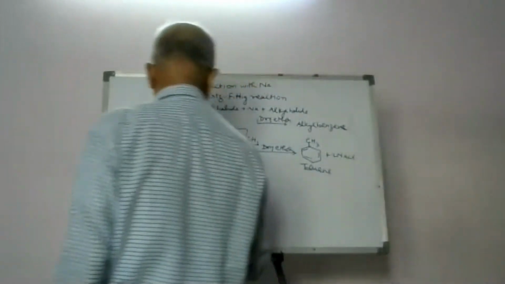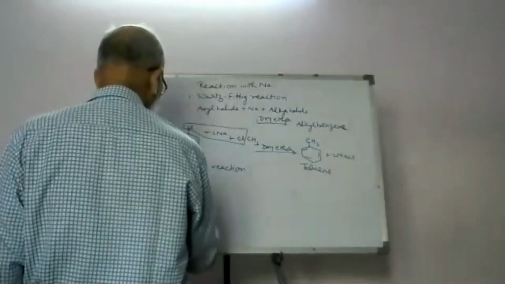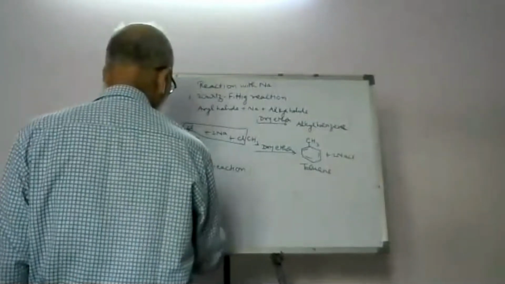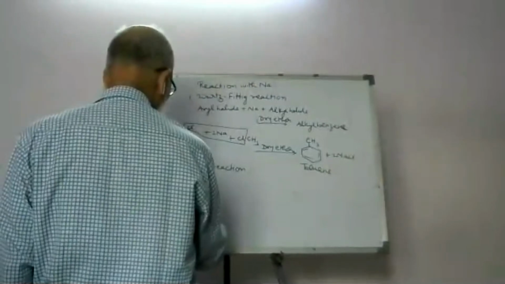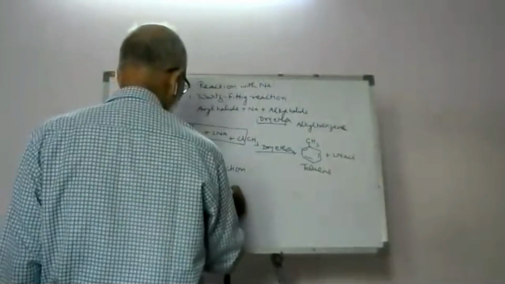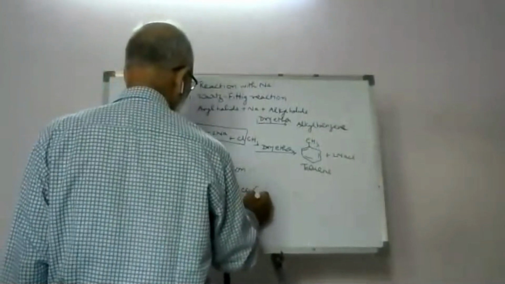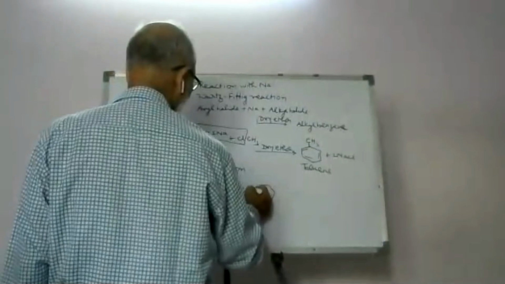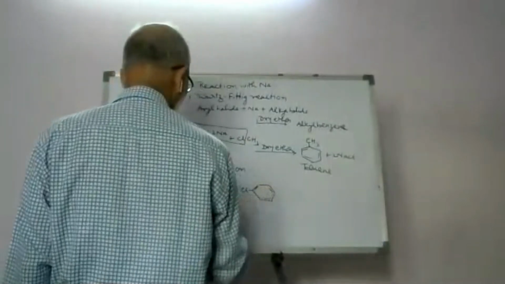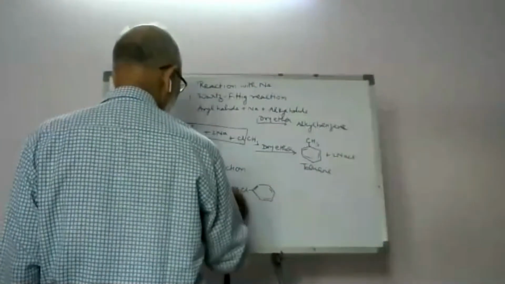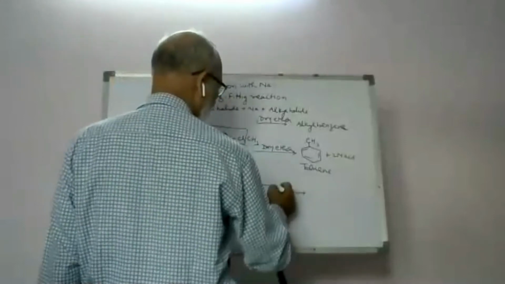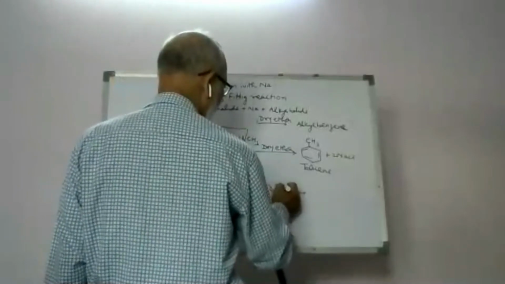For example, chlorobenzene plus 2Na plus chlorobenzene in dry ether, NaCl will be eliminated.